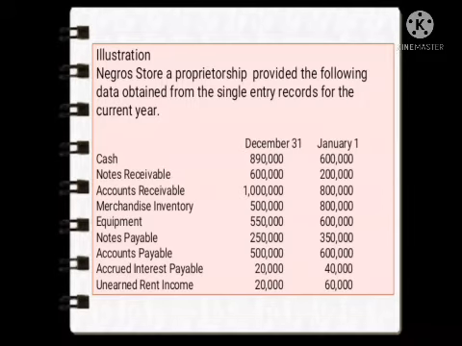These are the single entry records for the assets, which are the cash, notes receivable, accounts receivable, merchandise inventory and equipment, and the liabilities, which are the notes payable, accounts payable, accrued interest payable, and unearned rent income, with their corresponding balances for December 31 and January 1.